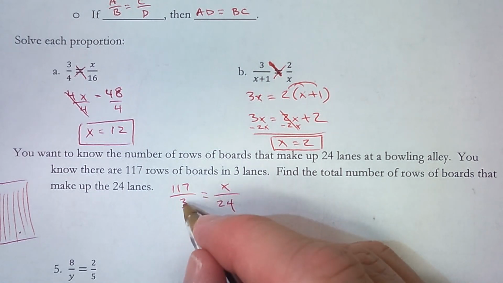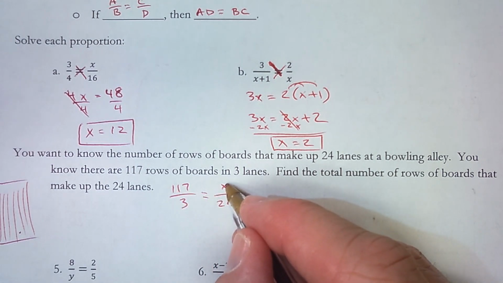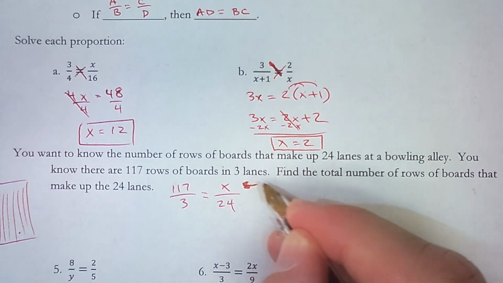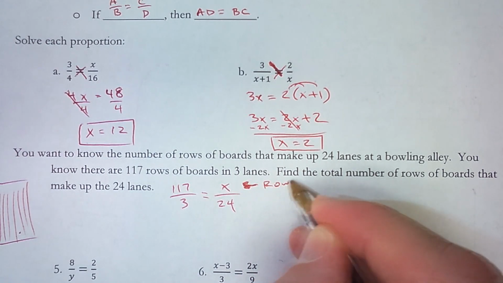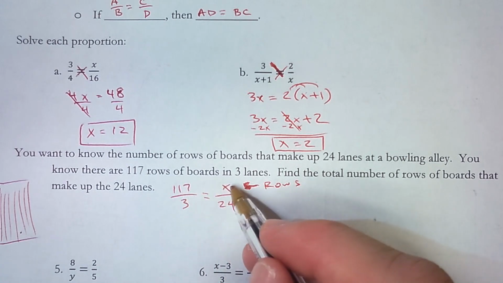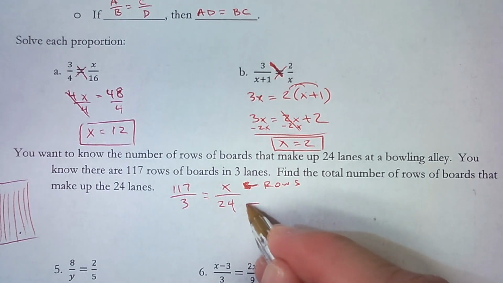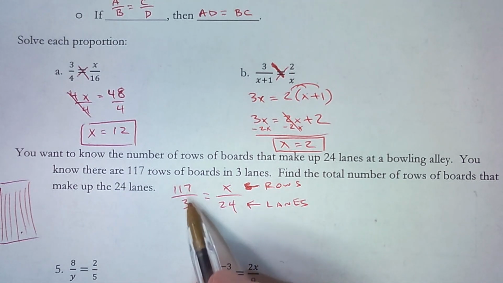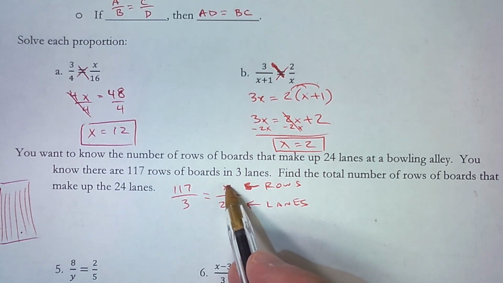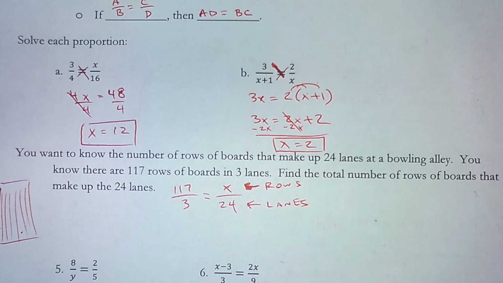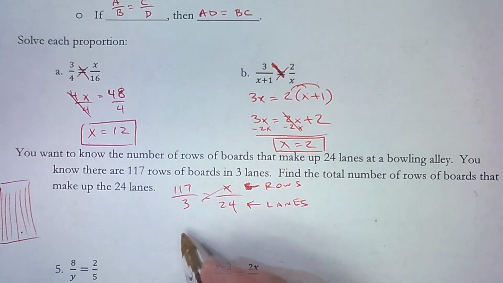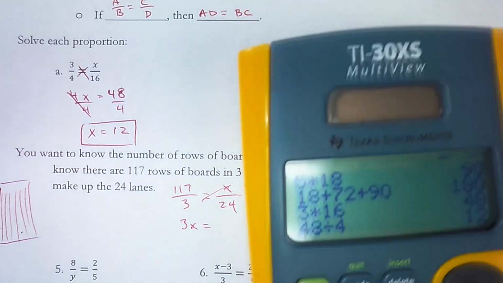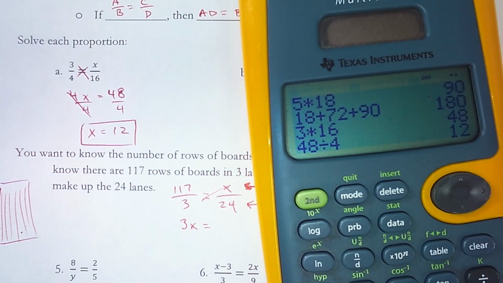So it's 117 rows to 3 lanes. How many rows to 24 lanes? I'll make a note here that I've got rows on top, 117 rows, x rows, and I've got lanes in the denominator: 117 rows for 3 lanes. How many rows for 24 lanes? Now cross multiply. 3x equals 24 times 117.